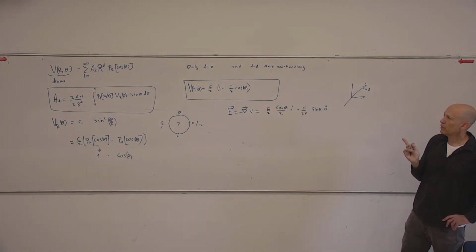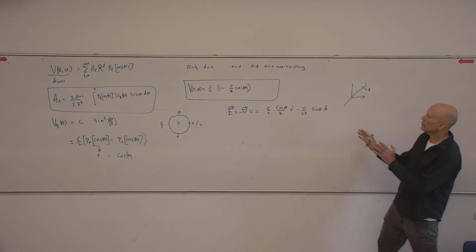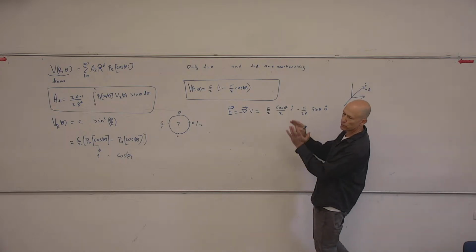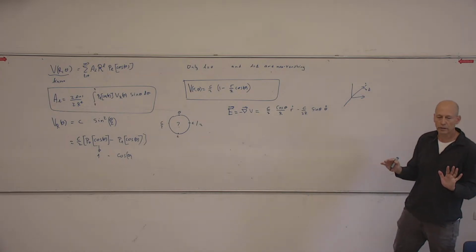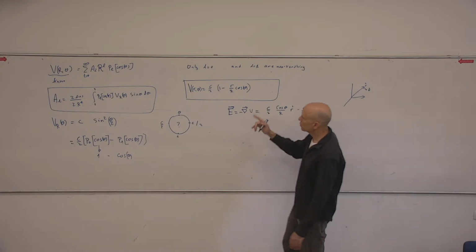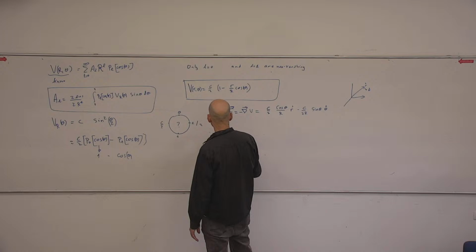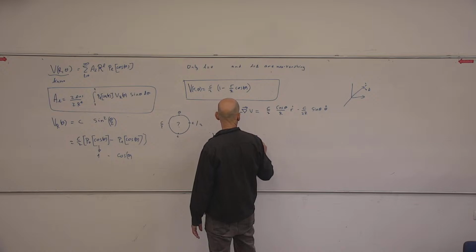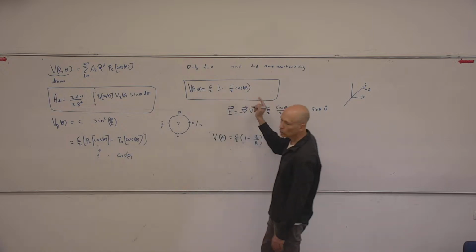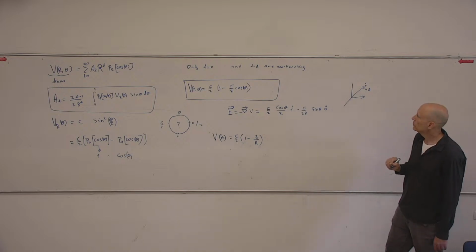So the trick to understand this one, of course you can take this and transform it to Cartesian coordinates, but you can also look at this solution, and that is v, which is a function of z only. It is C over 2, 1 minus z over R, because R cosine theta is z.